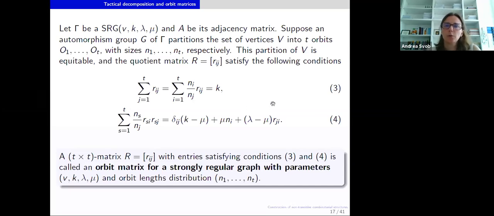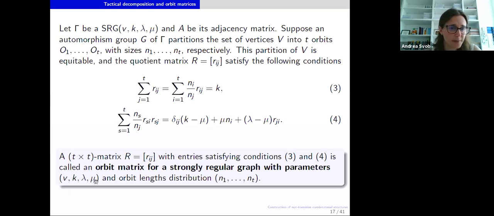satisfies the following conditions. The conditions labeled 3 and 4 will help us to define an orbit matrix for a strongly regular graph.